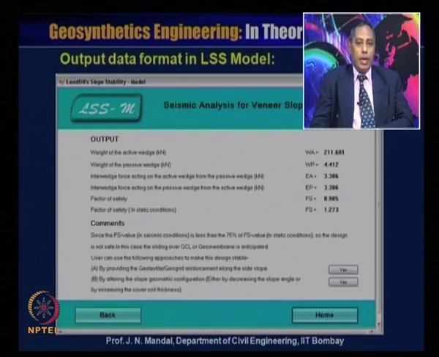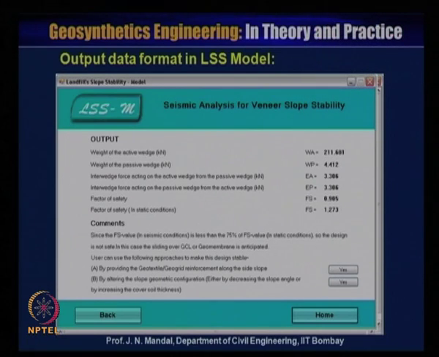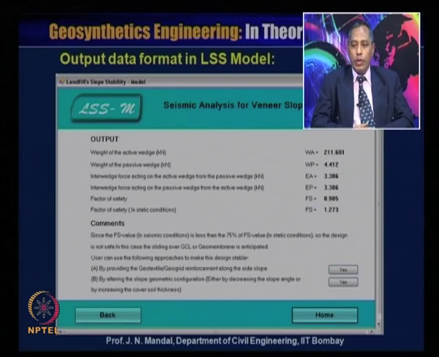Now you can calculate and obtain the output data. The weight of the active wedge WA is equal to 1.661, the weight of the passive wedge WP is equal to 4.412, and the interwedge force acting on the active wedge from the passive wedge, EA, is 3.306 kilonewton.